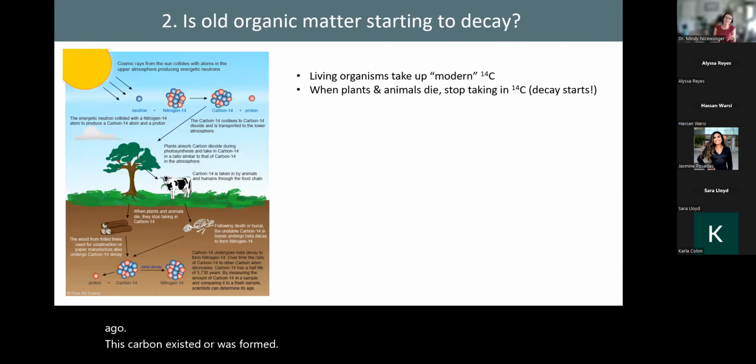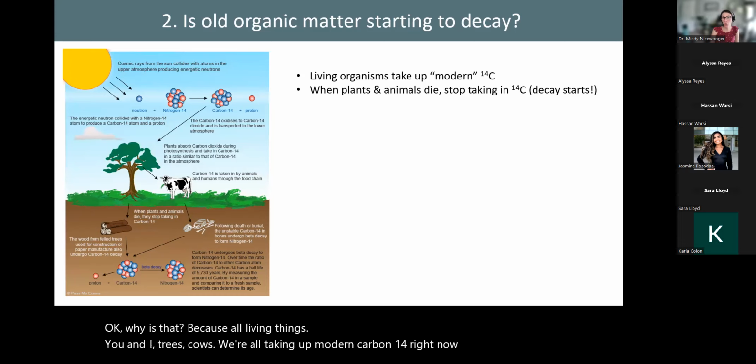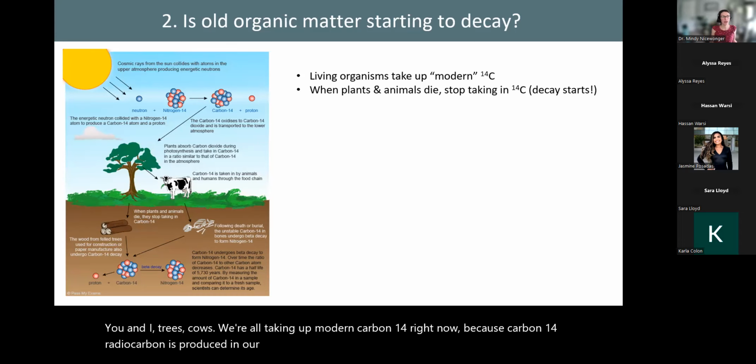Why is that? Because all living things, you and I, trees, cows, we're all taking up modern carbon-14 right now, because carbon-14, radiocarbon, is produced in our atmosphere when cosmic rays from the sun collide with a nitrogen-14. So it's constant.